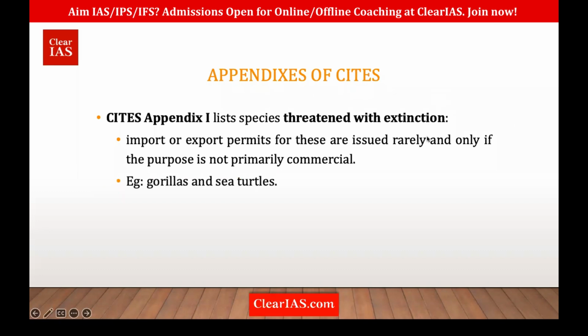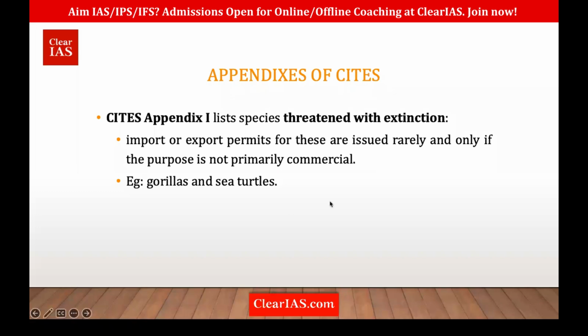Otherwise you cannot trade. The best examples are the gorilla and sea turtles. For example, the cheetah is being brought to India now. That import and export is possible because it is not for commercial purposes.